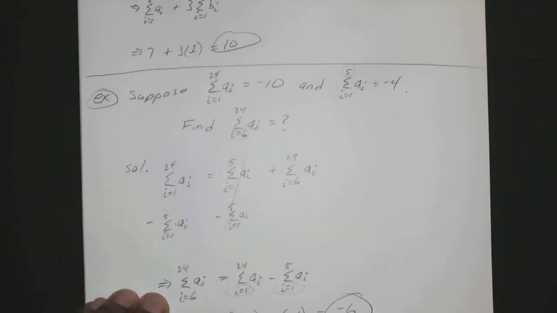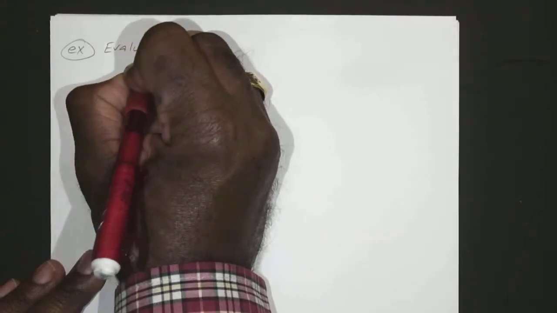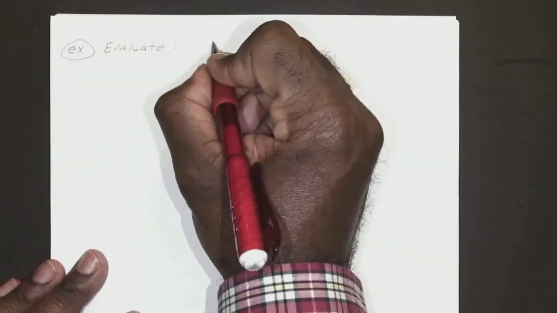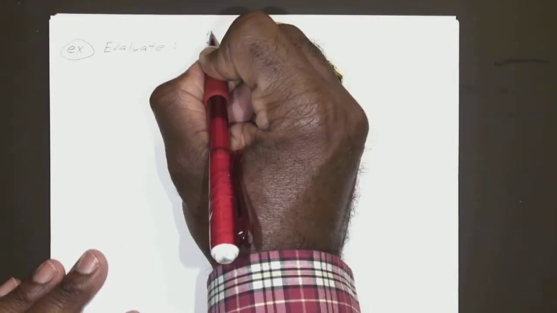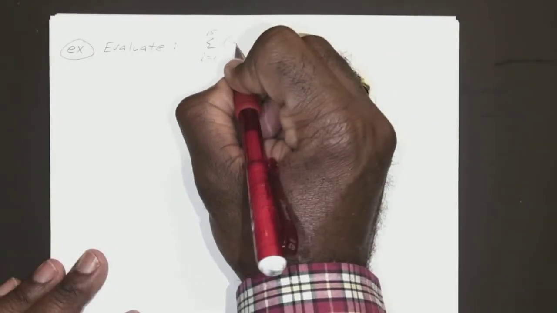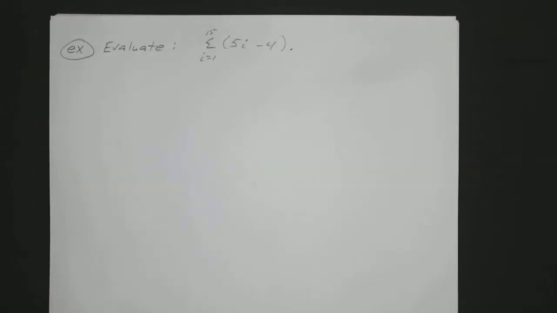Okay, so let's say for our next example, let's say if we had to evaluate the sum from I equals 1 to 15 of 5i minus 4. Okay, they're not going to give us any values or anything like that. We have to find out all on our own.